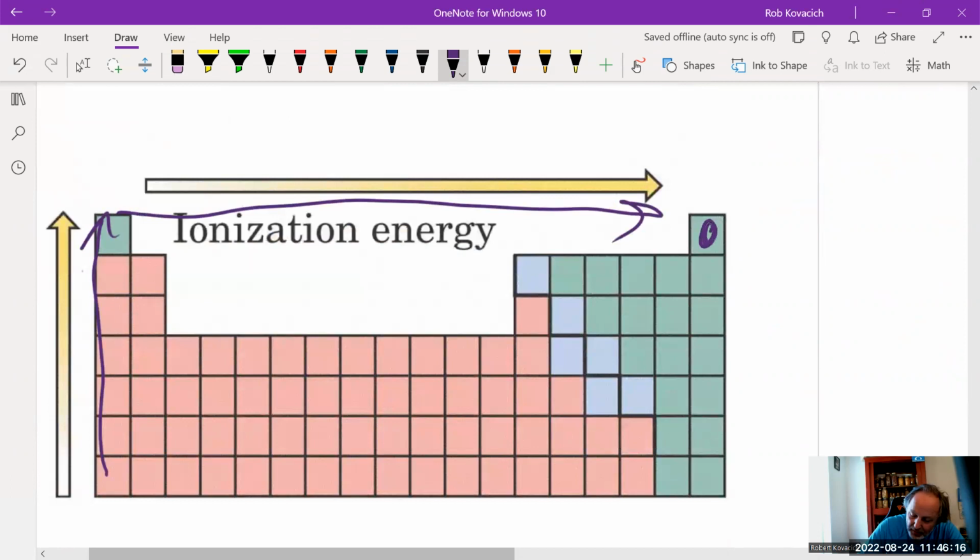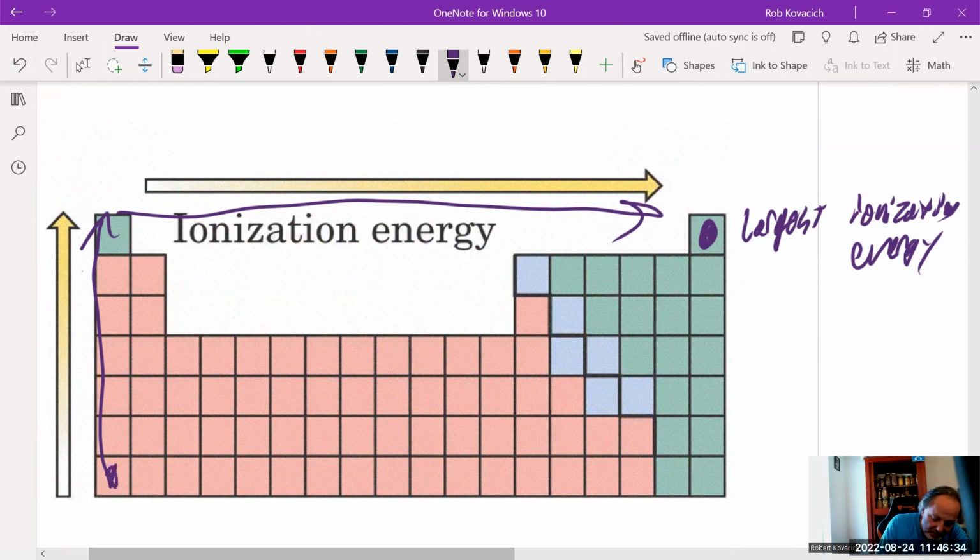So helium has the largest ionization energy, meaning if you're trying to take an electron away from helium, you better bring a lot of energy with you. Francium down here has the smallest, which means francium would actually like to give that electron away, and it doesn't take very much energy at all to get rid of that electron. It is very far away from the nucleus.